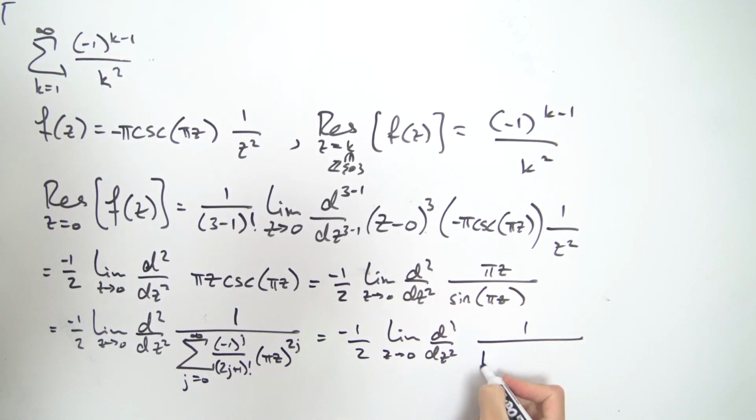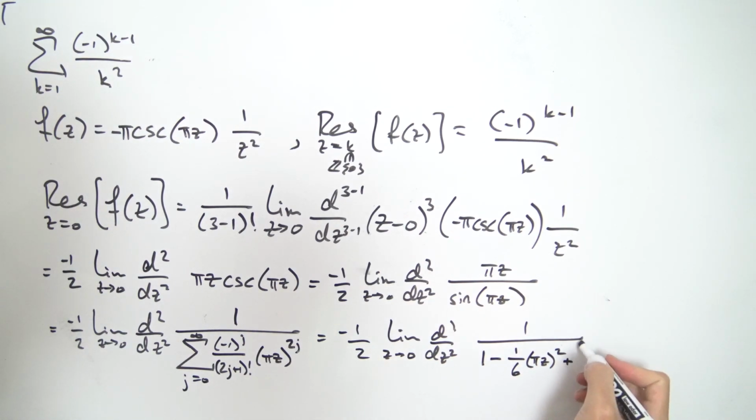So we just have 1, and then this is an alternating series, so now we have a minus. Our next term is j equals 1, so if we plug j equals 1 in, we're going to have pi z squared. And then down here, we're going to have 3 factorial, which is 6, so we have -1 over 6, and then pi times z squared. And let's do one more actually.